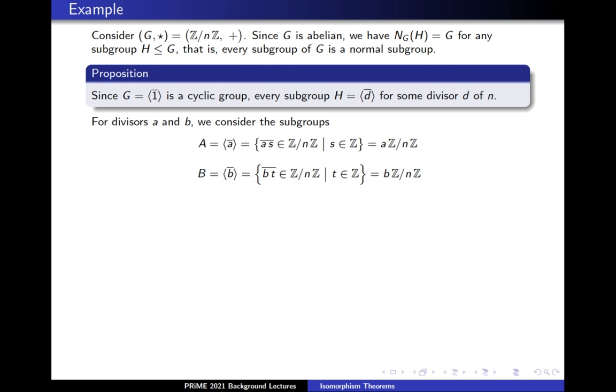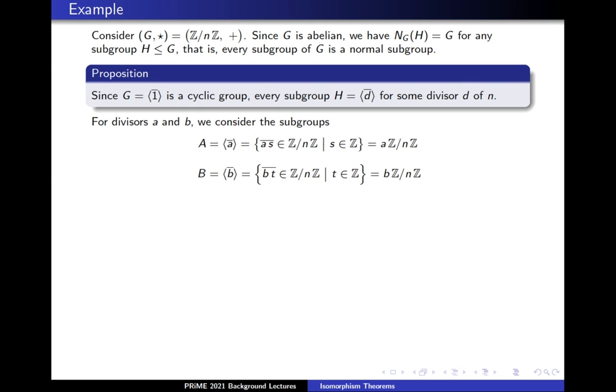For divisors little a and little b, we consider the subgroups big A and big B. So big A is generated by little a bar, or the set of AS bar in Z mod NZ, such that S is an integer. This is the same as AZ mod NZ.